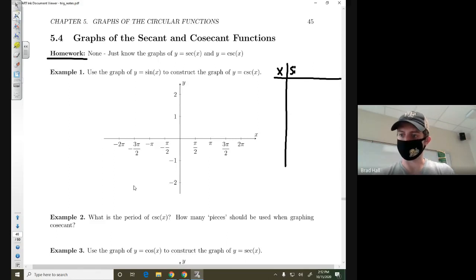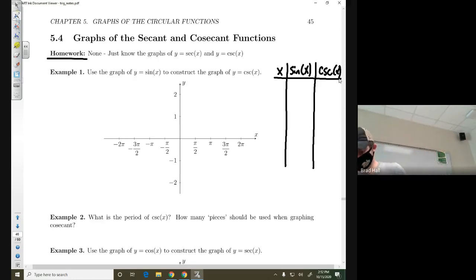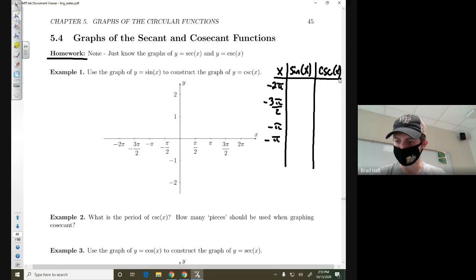Here, it says use sine, and then we can construct cosecant. We'll use all the special angles that we've been dealing with: -2 pi, -3 pi over 2, -pi, -pi over 2, 0, and keep going.